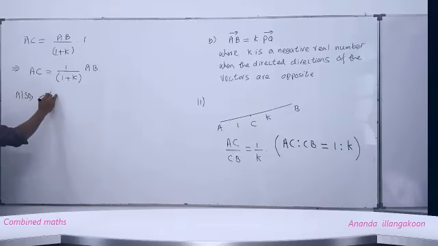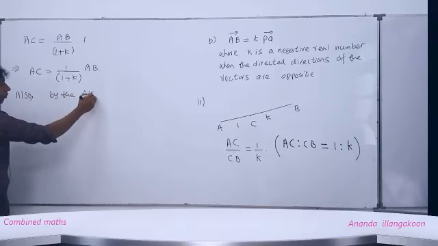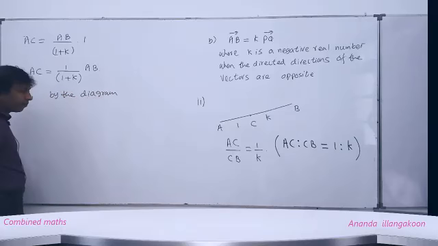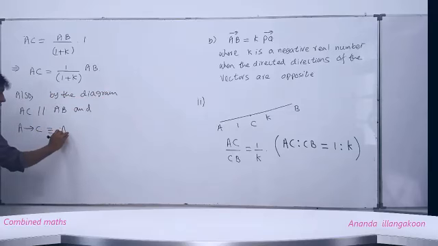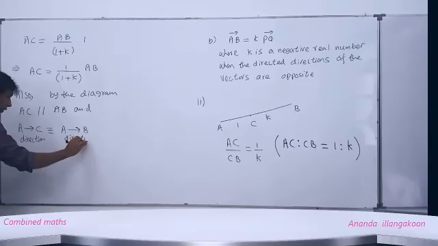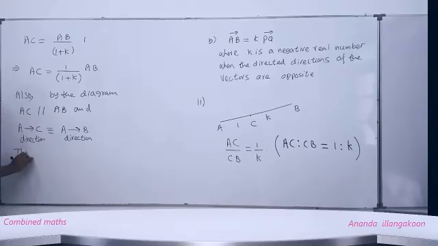Also, by the diagram, AC is parallel to AB, and A to C directed direction is equal to A to B directed direction. Then we may write.